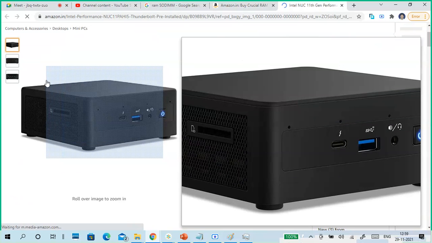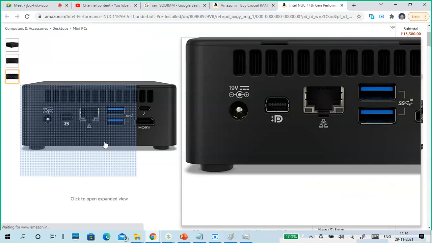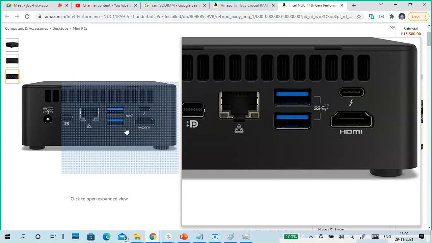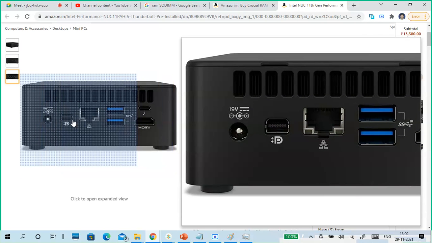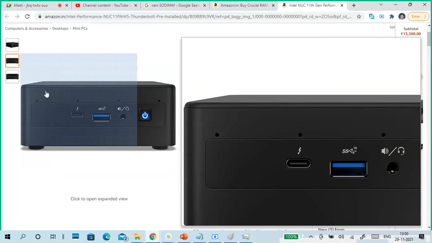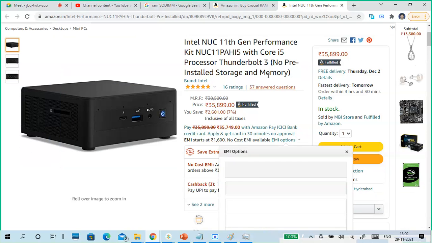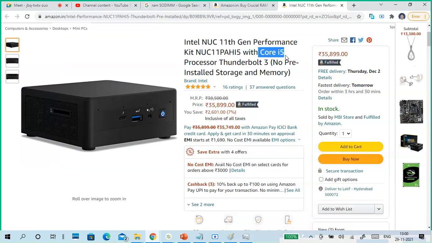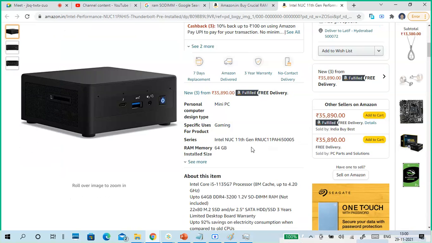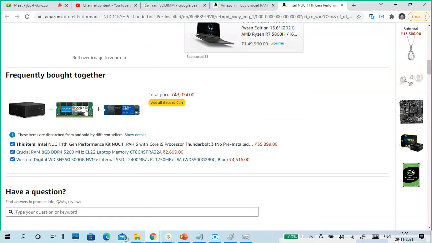So this is a mini PC. You can connect your monitor, HDMI, USBs, keyboard, mouse, and there is a charger connection, power connection, headphone connection. I think it is a new one, that's why it is showing Thunderbolt. It comes with an i5 processor. It's a very small size, you can mount it on your monitor also. It also requires SODIMM packages and storage.